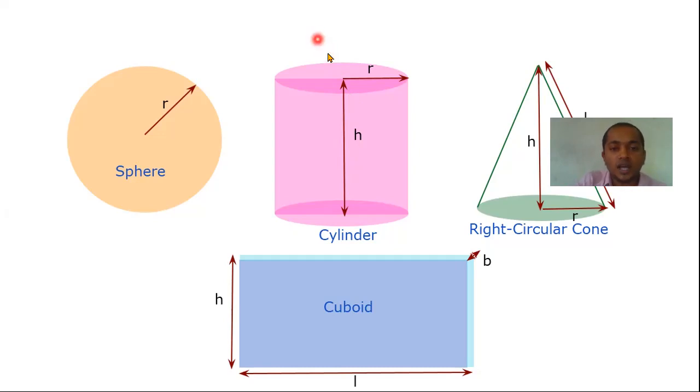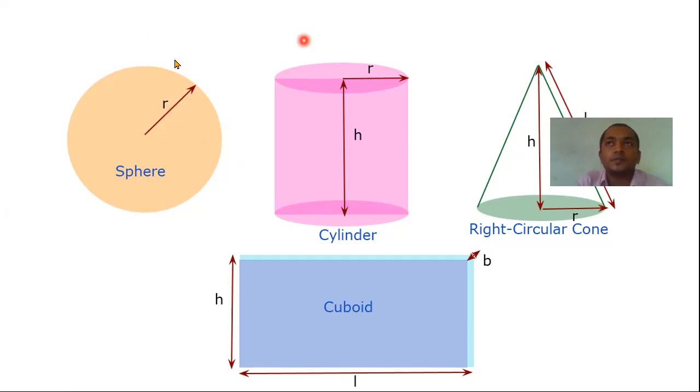Now we'll see how we can remember, in a very easy way, the different surface areas and volumes of different shapes. First of all, coming to the sphere, the surface area of a sphere is 4 pi r square. What I'm going to tell you is not the actual derivation of the formula, but a way you can use to remember. It's kind of a trick.